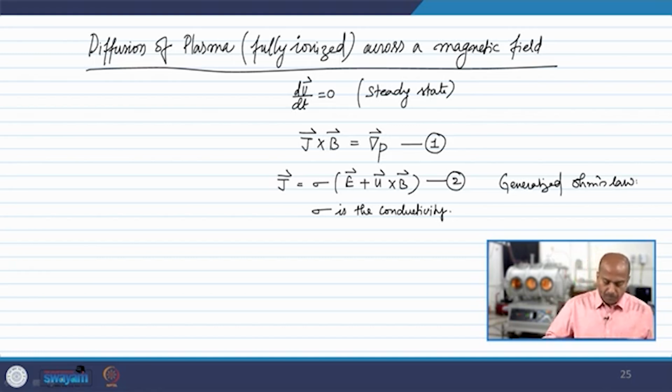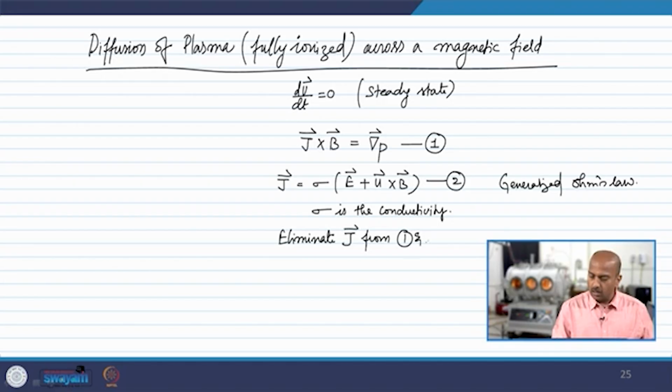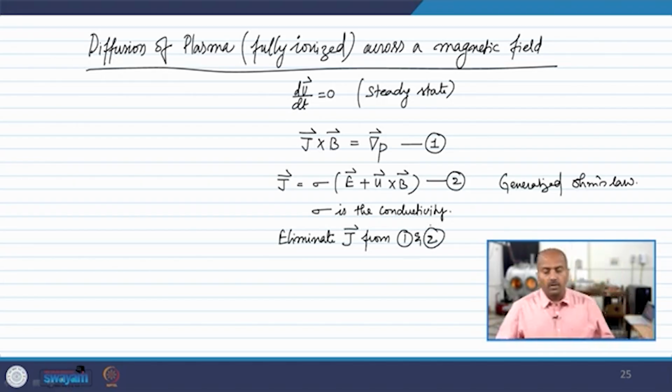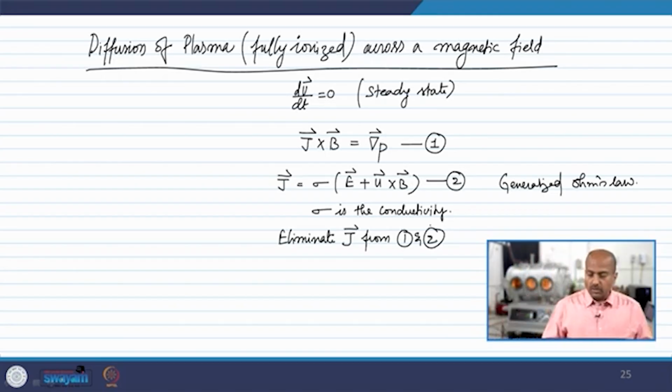Now, we can eliminate J from 1 and 2. By eliminating J, we are trying to get one equation which represents both these equations. So, we substitute the right hand side of equation number 2 in the place of J in equation number 1.